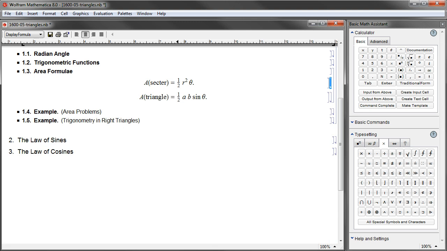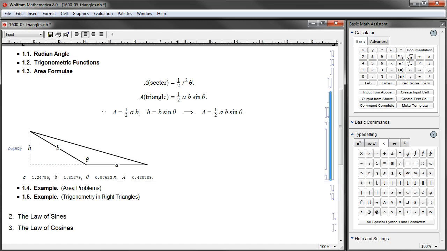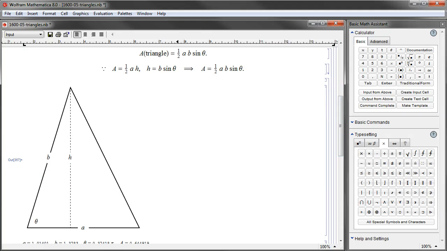How about a triangle? Here it is, 1/2 ab sine of theta. And I'd like to have the acute angle case first. It's easier to understand. Okay, here. We can write the area formula of a triangle as 1/2 ah, where a is the base length and h is the height.